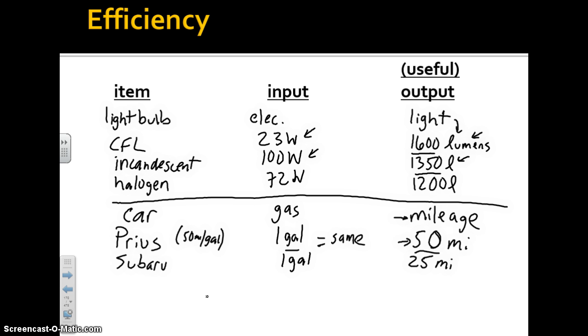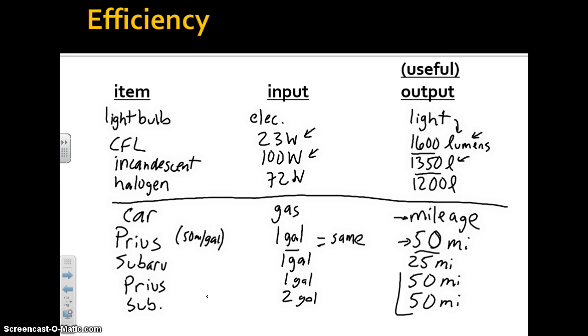Another way to look at this, let's go with our Prius and Subaru again. If I want to get the same output, if I want to go 50 miles in a Prius, I need 1 gallon. With the Subaru, I need 2 gallons.